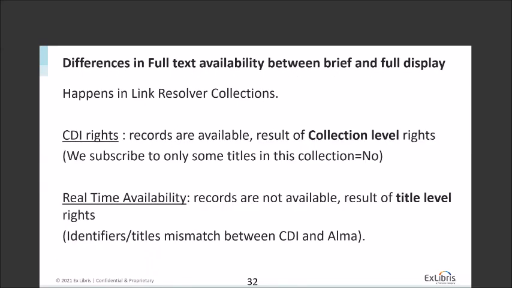Let's explain. First, we need to explain that this happens only in link resolver collections. In the brief results where we have the record marked as available, this is a result of collection level rights, which means that the customer has activated the collection where we subscribe to only some titles in this collection, marked as no. And this means, as Livia explained earlier in this session, that Alma is sending to CDI that this customer has access to all of this content on the collection level.